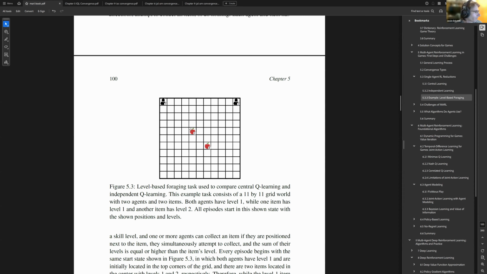So for this game, the agents are trying to collect these items, and they get rewarded for collecting them. And it's basically a cooperative game. Some items they have to collaborate to collect, like this one. This one, any one of them could collect. But we can solve this problem by assuming that the agents are both benefiting from the reward from each agent. So it's a fully cooperative task.